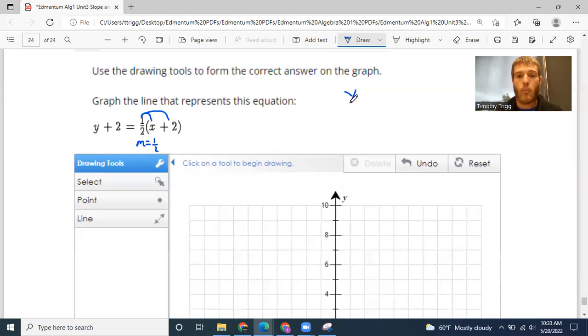So it's going to be y plus 2 on the left equals 1/2 x plus 1/2 times 2 is 1, because half of 2 is 1. Remember, to multiply a whole number times a fraction, you multiply the whole number times the top, then divide by the bottom. So 2 times 1 is 2, and then divide by 2 is 1.